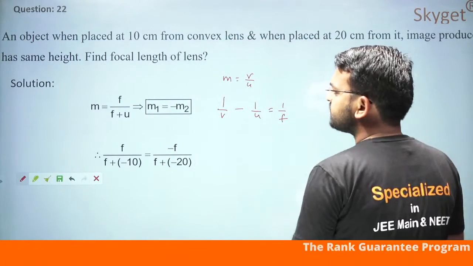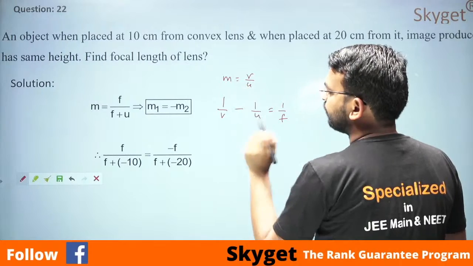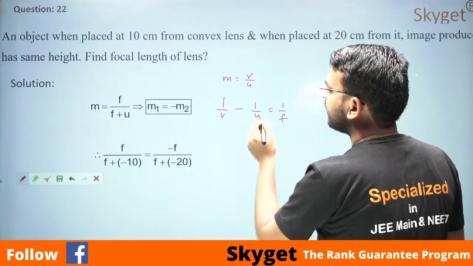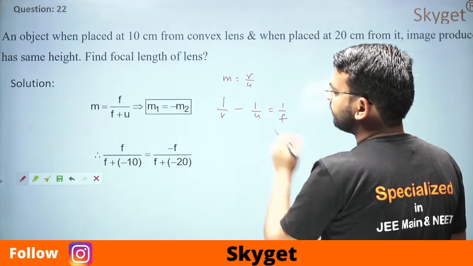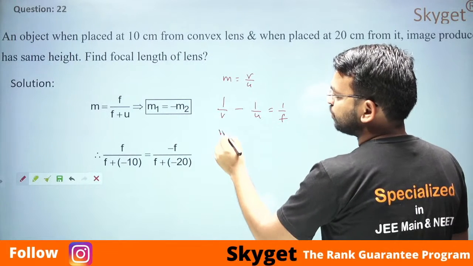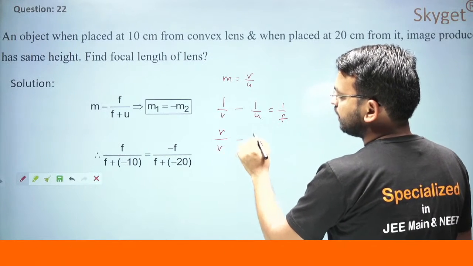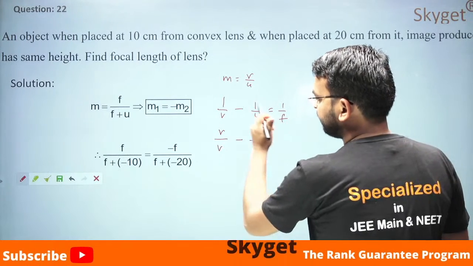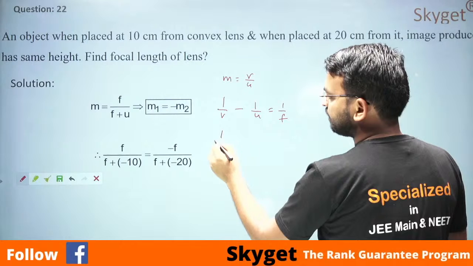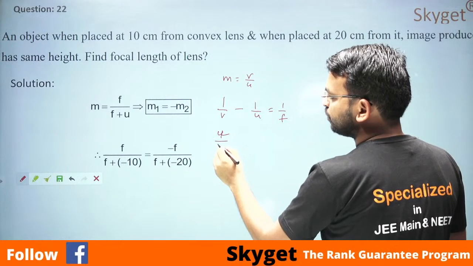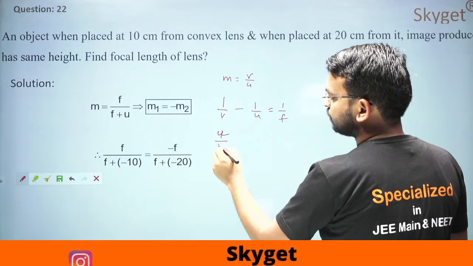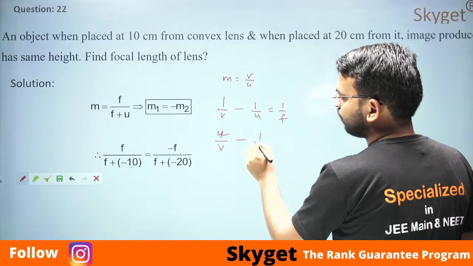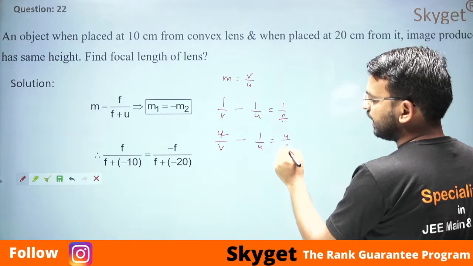So I want to find out V over U. I can eliminate the V from here, so I am just going to multiply by V, V over V minus V over U, because I don't need V. I am going to use only U. So I will multiply by U. So this is going to be 1 over M minus 1 equal to U over F.